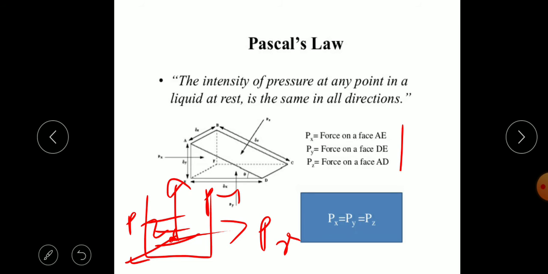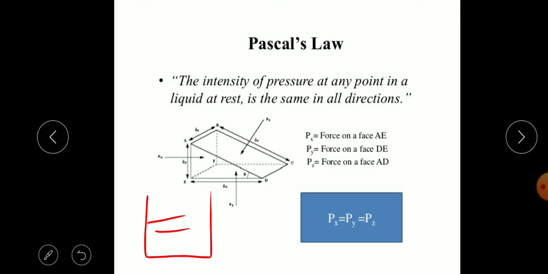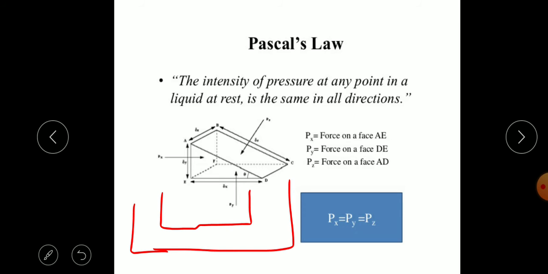If you consider two cylinders, one of which is smaller, then according to Pascal's law, in a closed container the fluid pressure is equal in all directions.